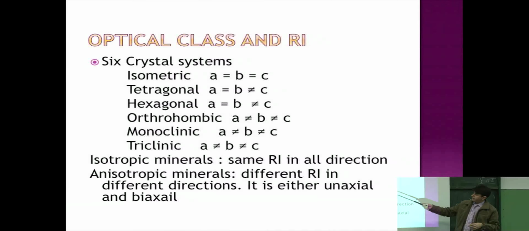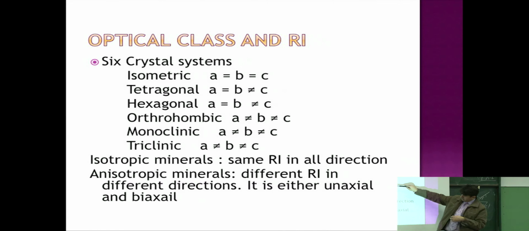If the velocity of light, or the refractive index by optical means, is equal in all directions, we name it an isotropic mineral. The same refractive index in all directions. Anisotropic minerals are these: tetragonal, hexagonal, orthorhombic, monoclinic, triclinic.